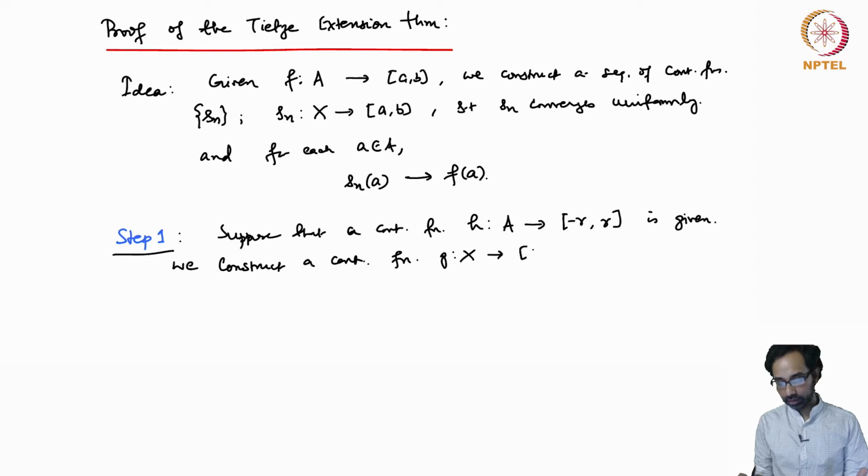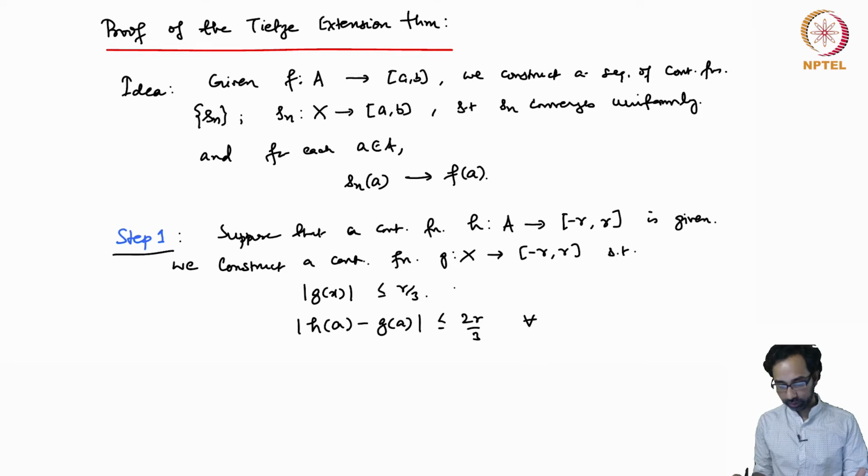g from X to the set [-r, r] such that we have, first of all, that the modulus of g(x) is less than or equal to r/3, and the difference |h(a) - g(a)| is less than or equal to 2r/3.